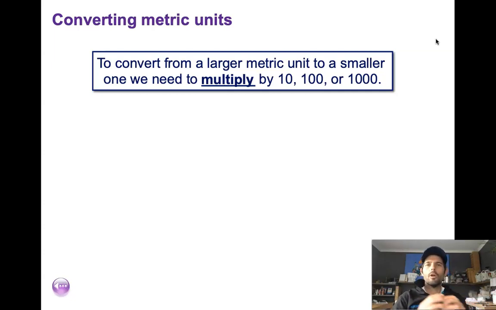We'd expect that going from a larger to a smaller we might divide, but just remember that there are more centimeters than meters. So 100 centimeters in 1 meter. That's what I'm referring to. So to go from the larger metric units, like a meter to a centimeter, we multiply.